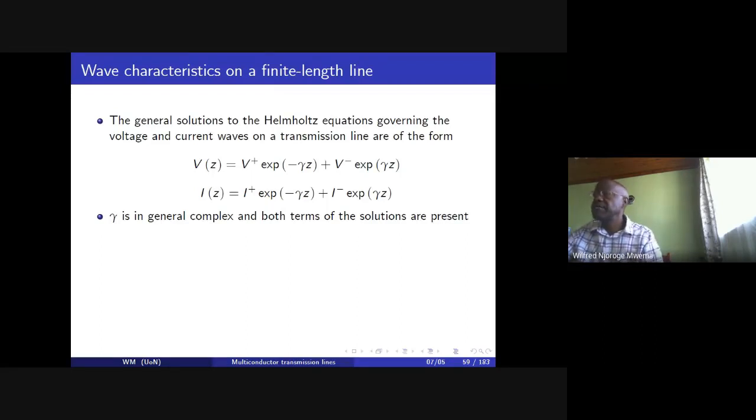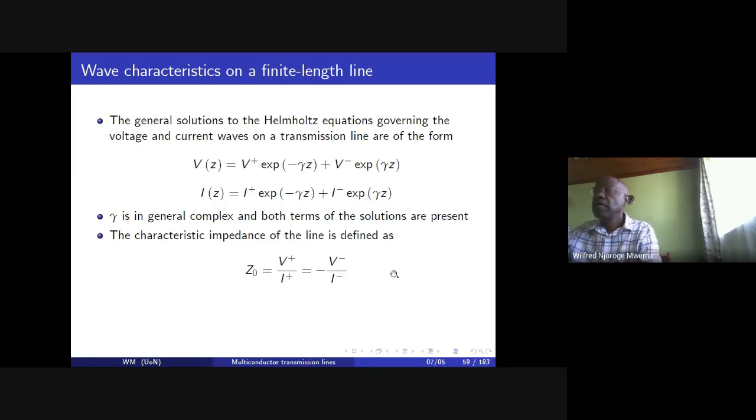We shall see cases where the reflected waves may be omitted because of the special way in which you have terminated the lines. So the characteristic impedance of the line is defined as the ratio of the corresponding wave components alone. That is, we assume only that component of the wave is propagating on that line.